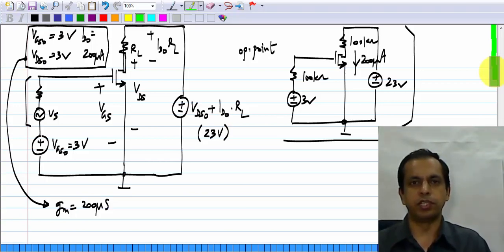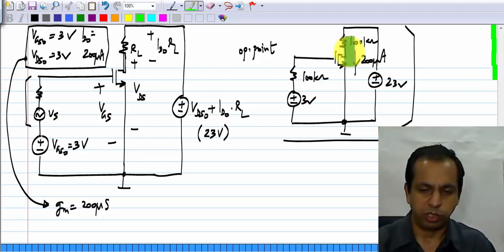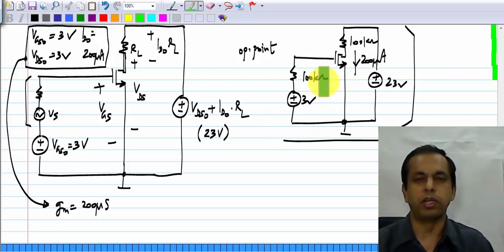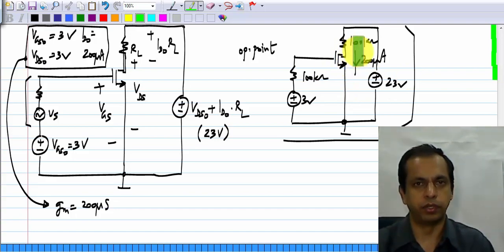Exactly the same thing happens here. So, you can try assuming that this is in triode, calculating the operating points, and assuming that this is in saturation, calculating the operating points and see which is inconsistent. And you can also try what happens if it is in cutoff. So, that will also obviously come out to be inconsistent.